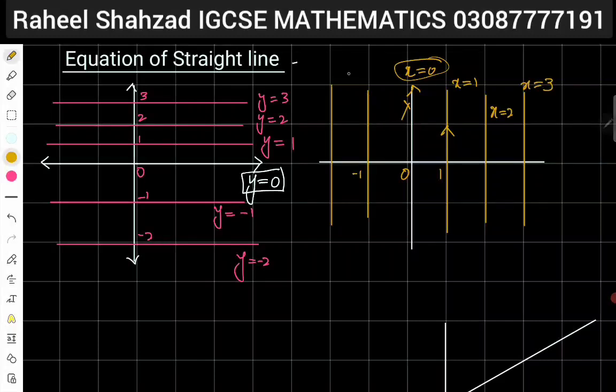If it is passing through -1, this is x equals to -1, x equals to -2, and so on. So all lines which are parallel to either x-axis or y-axis are dealt in this way. So what you need to remember is, for x-axis it's y equal to 0, and for y-axis it's x is equal to 0. Okay, now next is what a line is tilted.